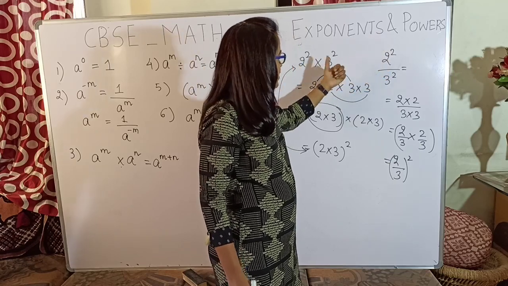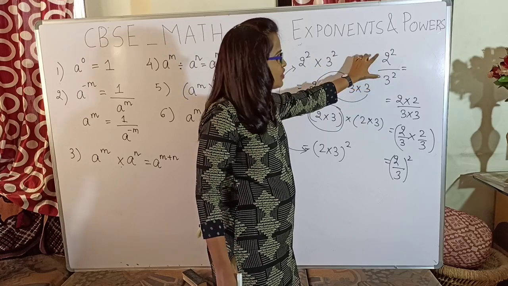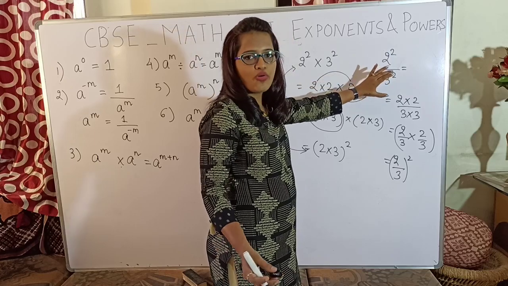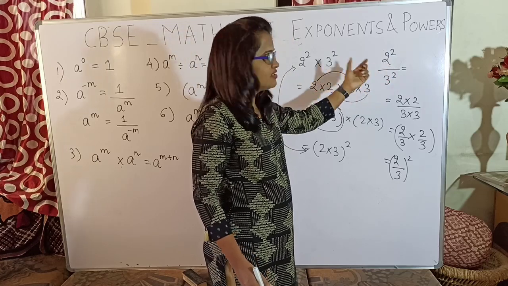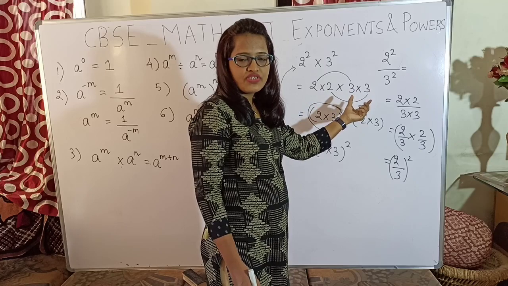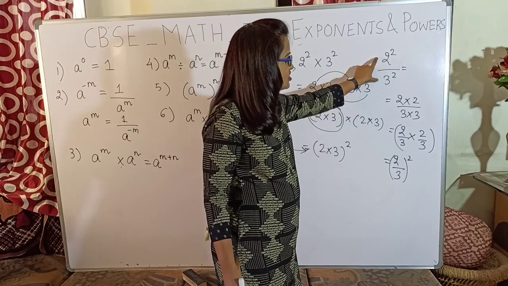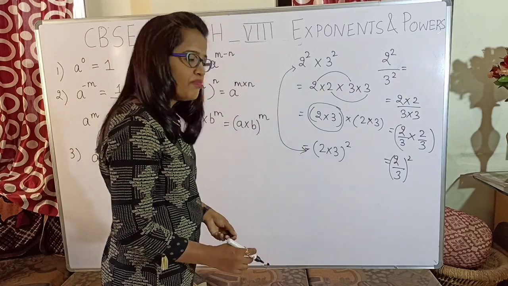Whether it is multiplication or division, you can write the bases together and write the index as a common index. If they are into multiplication, write multiplication between the bases. If there is a division, then write division between the bases, and you can write the common power.